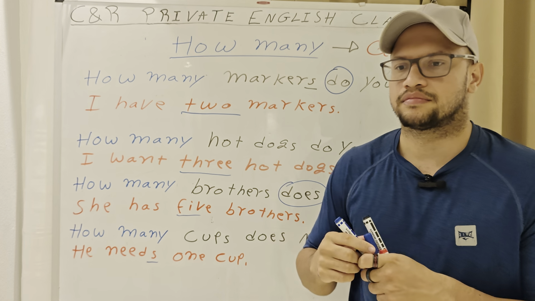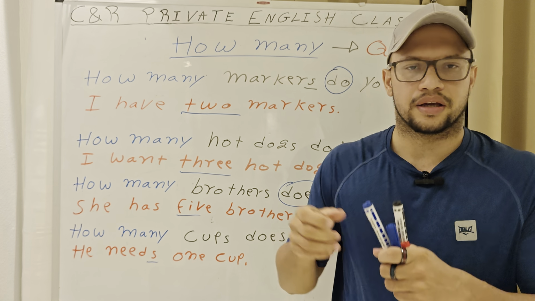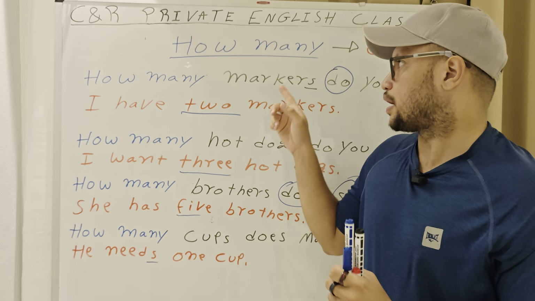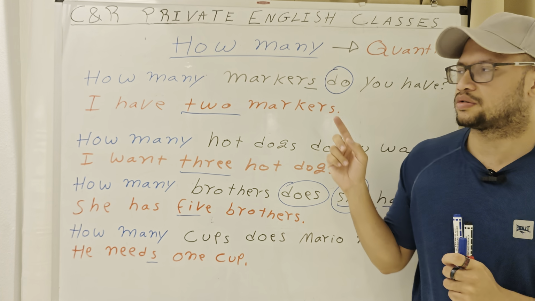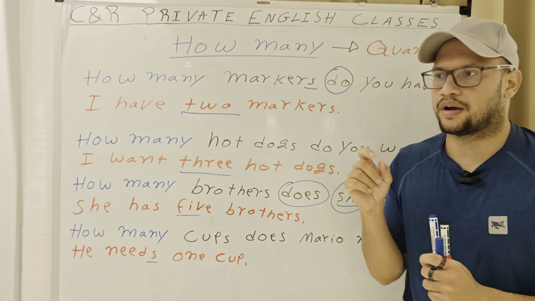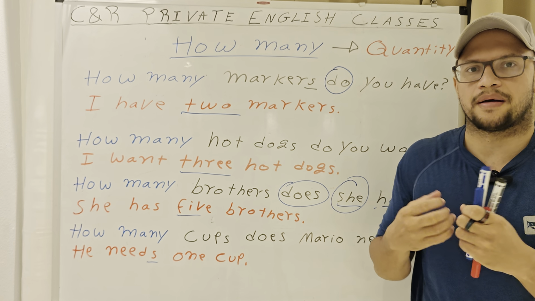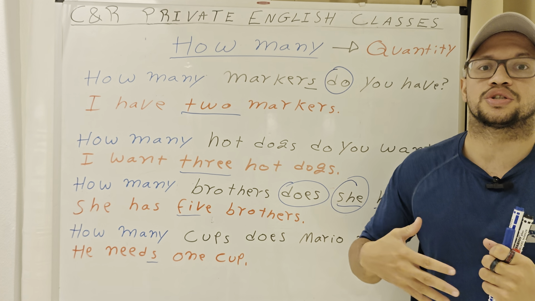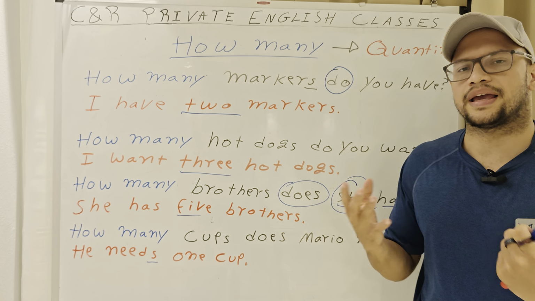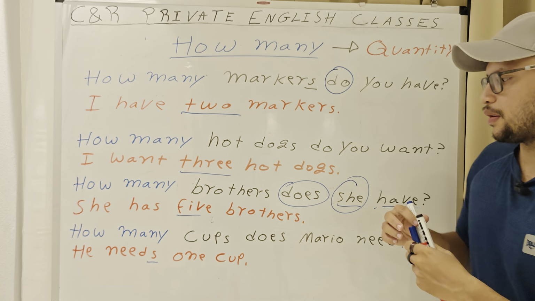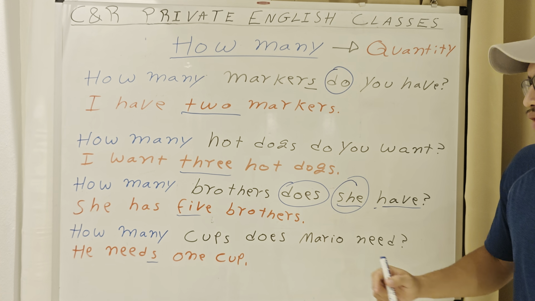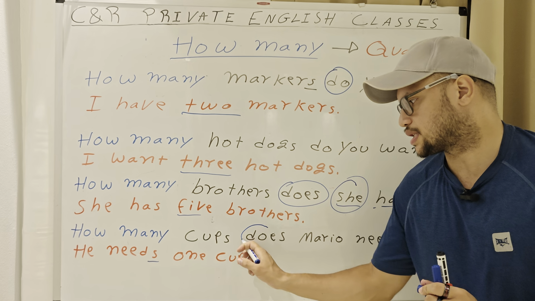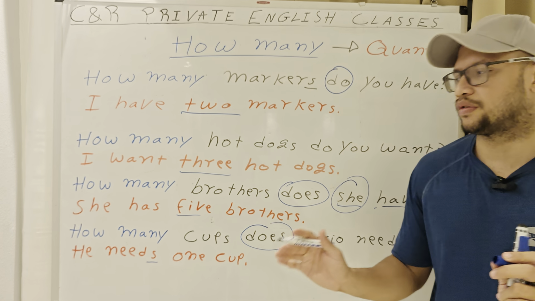How many, what, how many cars, auxiliary, do you have? How many cars do you want? How many cars do you need? Etc. Remember that when you have she or he, you need to use the auxiliary does, but that's not new.